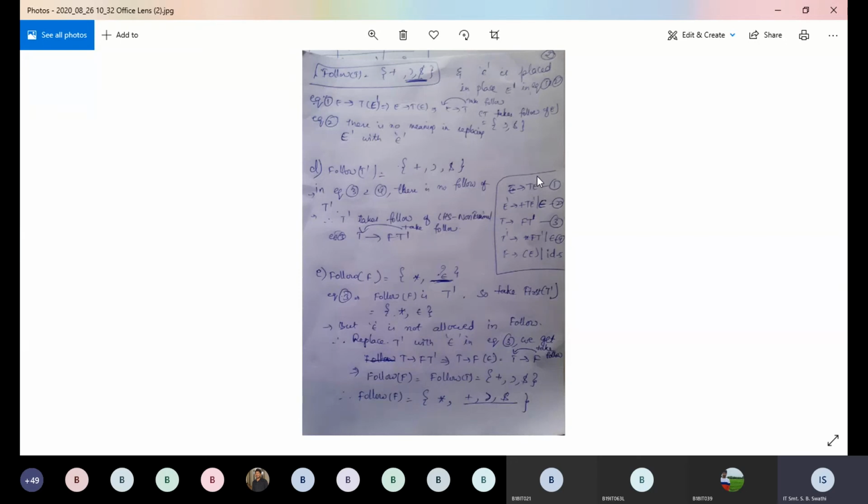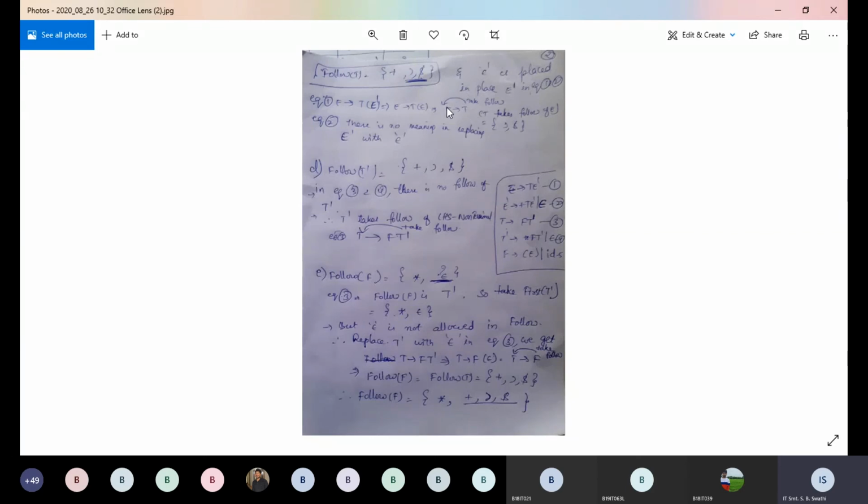Then when you replace epsilon in the place of E dash, the total equation will be transformed to E goes to T, which means there is no successive element after T. Since it is epsilon, it will not be counted as a terminal or as a follow element. So it simply indicates to T that there is no element after T.